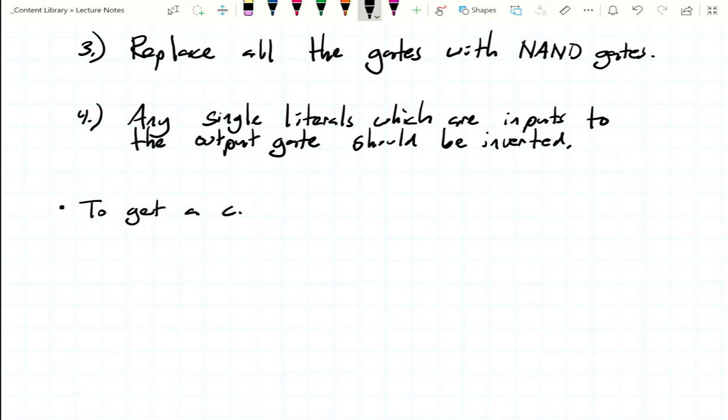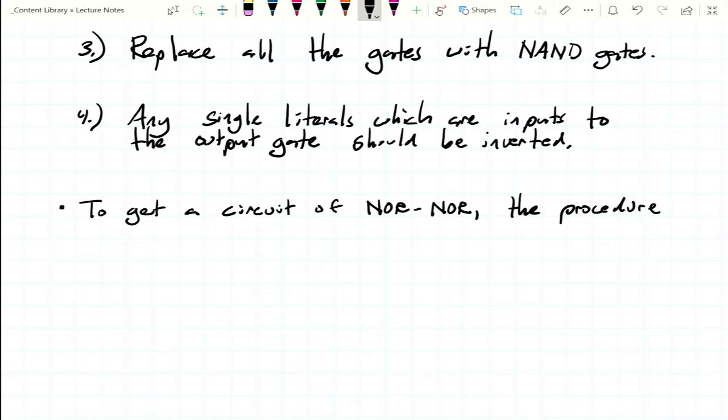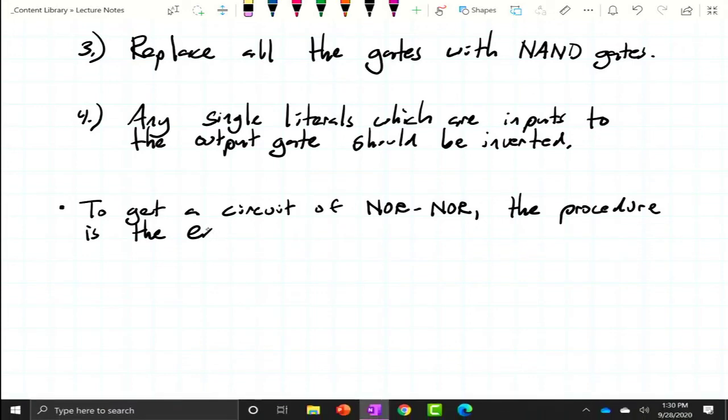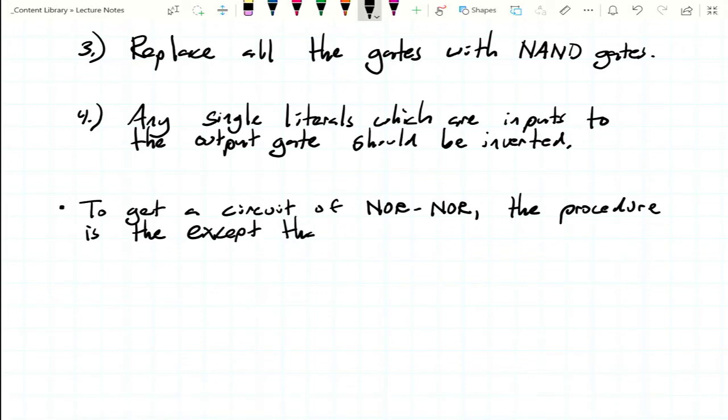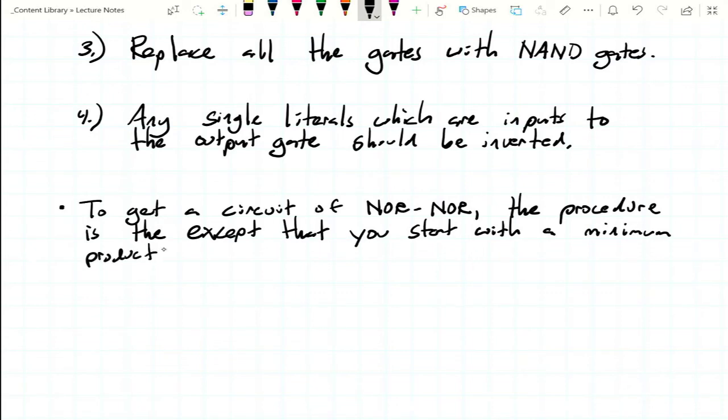To get a circuit of NOR-NOR, the procedure is the same, except that you start with a minimum product of sums and replace the gates with NOR gates.